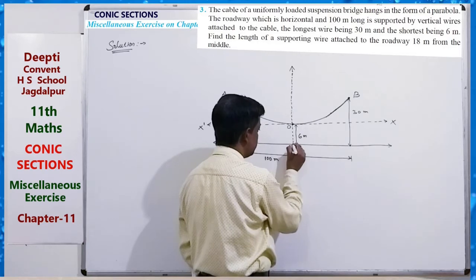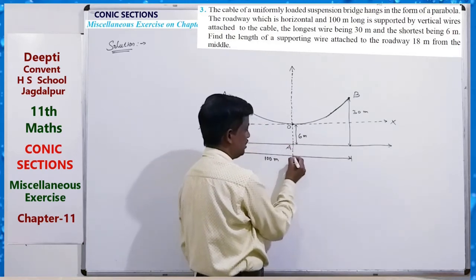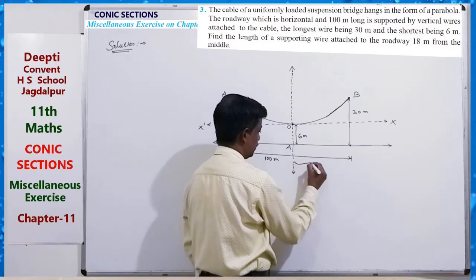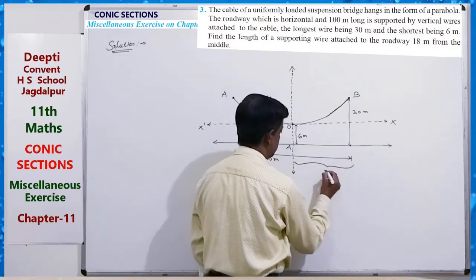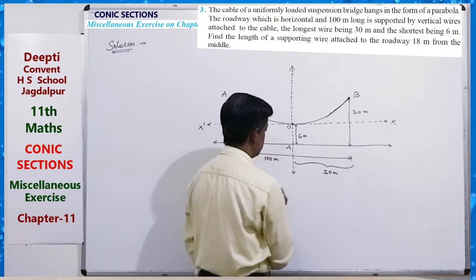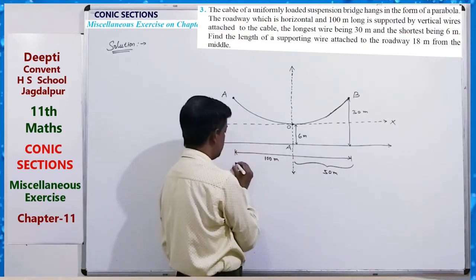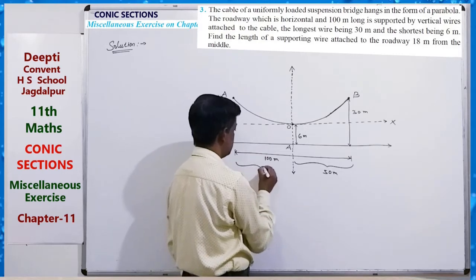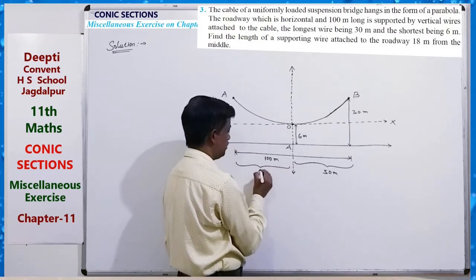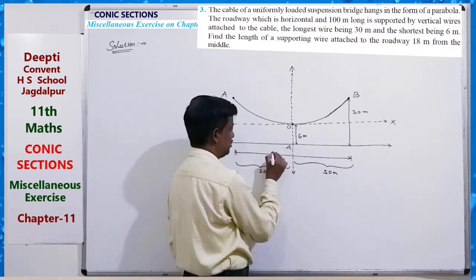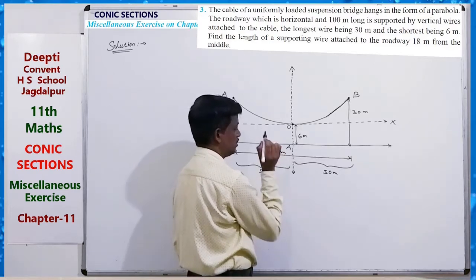This is the middle point, so this value will be 50 meters. Total is 100 meters.